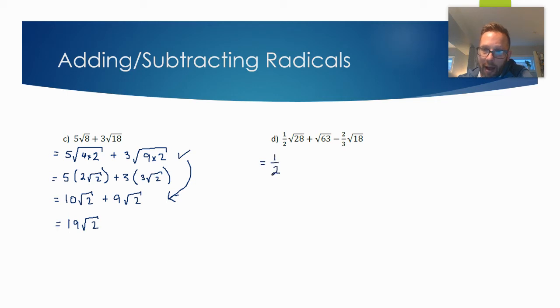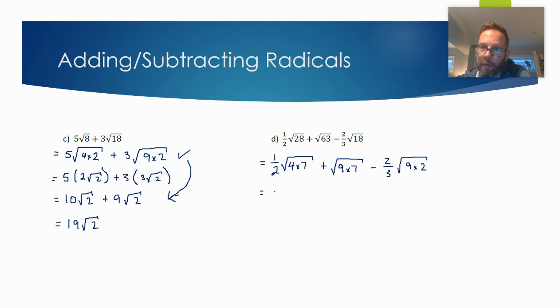So we have a half root 28. So I recognize that 4 goes into 28, 4 times 7, plus root 63. I know that 9 goes into 63, 9 times 7. And minus 2/3, the root of 18. Well, 9 goes into that. That's 9 times 2.